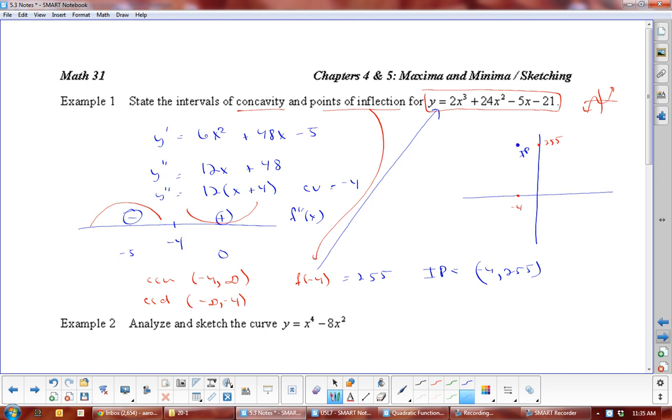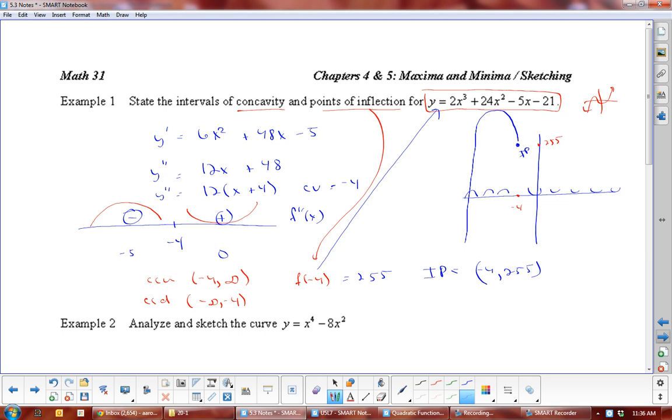Okay, now you can see how this gives us some information. From here, it's concave down, right? Then it switches to concave up. So if I have to start in quadrant 3, I'm going to be down here somewhere, and I might just go like this.